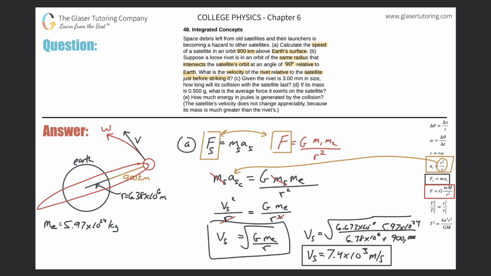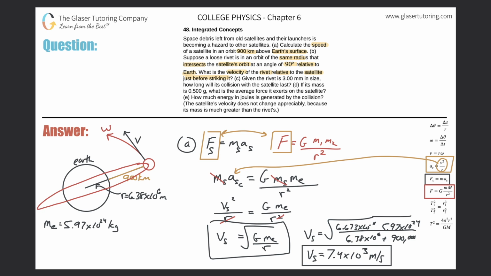One thing now, okay? You might say, wait, don't we have to now find the velocity of this rivet in order to figure out how fast the collision is relative to the satellite? And you're right, we do. But notice what we did already. We already found the velocity of the satellite. And when we found it, what units and values did we use?